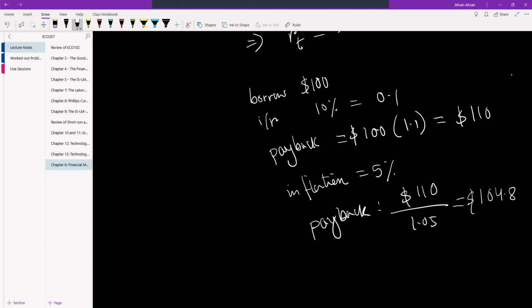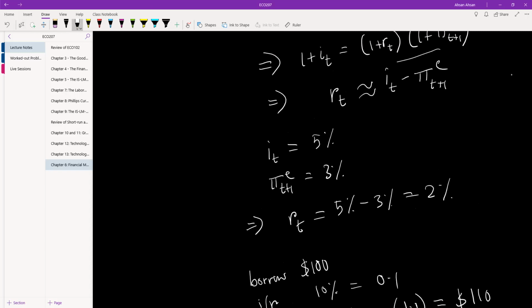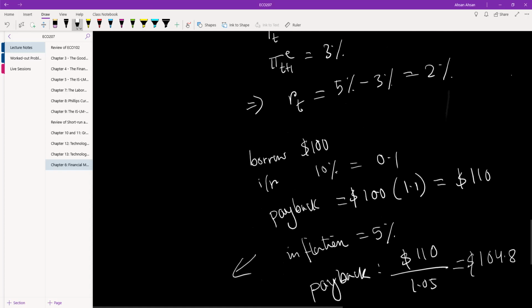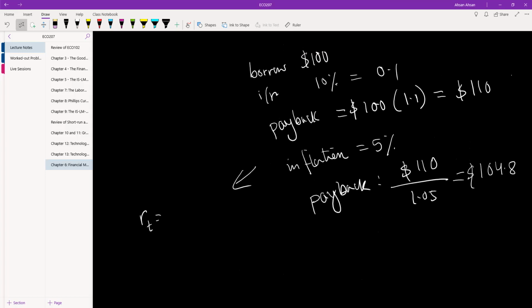So if we had just followed this equation, what we would have gotten was that real interest is equal to the nominal interest rate, which is 10%, minus expected inflation, 5%, equals 5%.